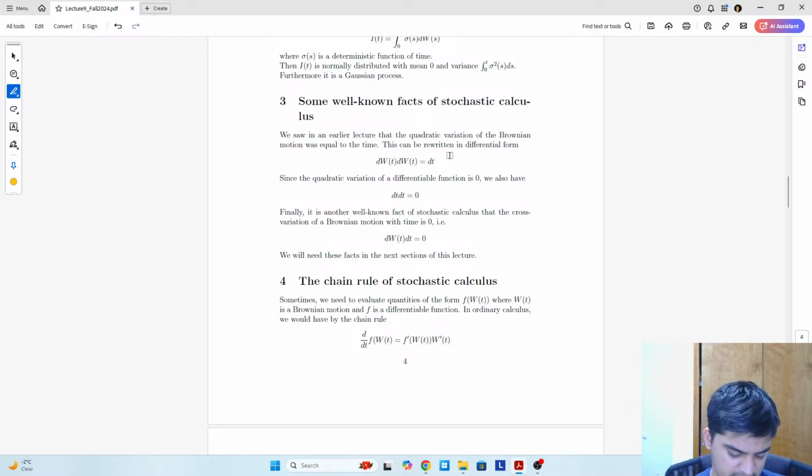Since the quadratic variation of a differentiable function is 0, we also have dt dt equals 0, and lastly we have dW(t) dt equals 0.